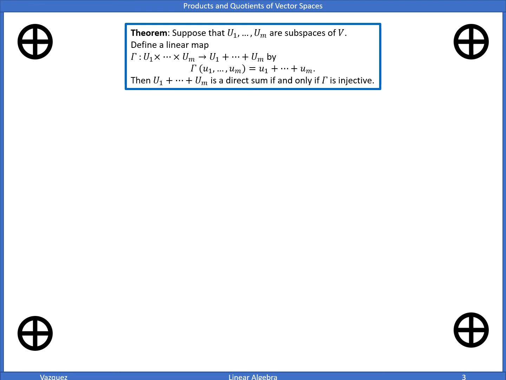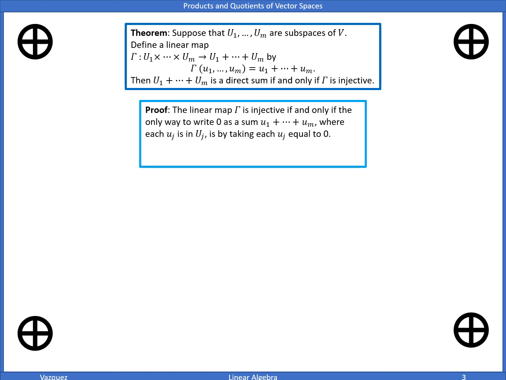Right, so before we even continue with the proof, how do we show that a linear map is injective? Well, if you remember that, it's injective if and only if the only way to write 0 as a sum is where all the components are equal to 0. Right?